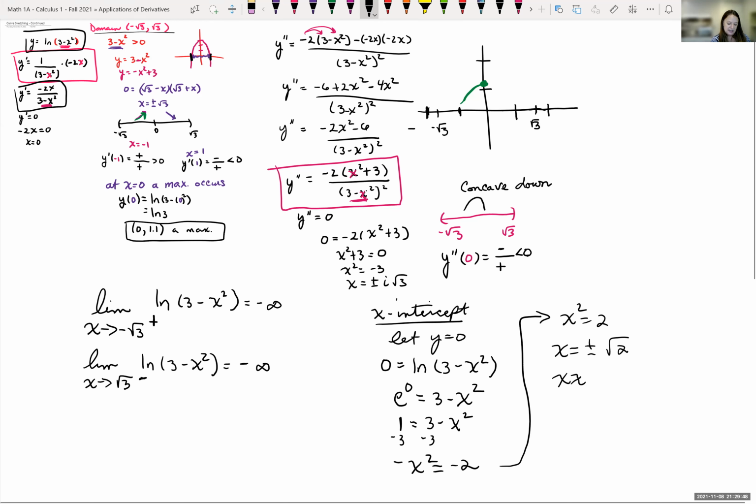So plugging that into the calculator just to get an estimate of what root 2 is. I know it's between 1 and 2. That gives me 1.4. So x is plus or minus approximately 1.4.